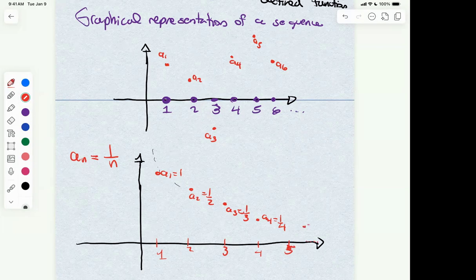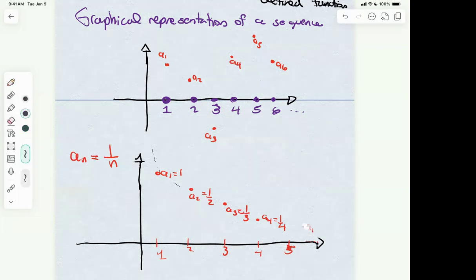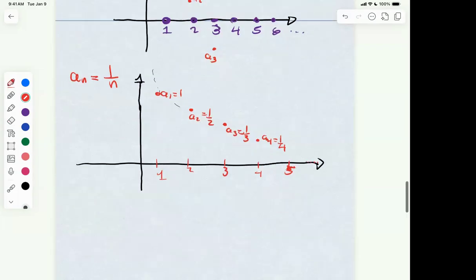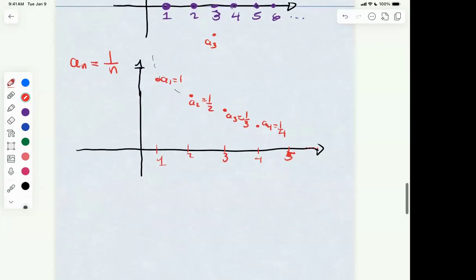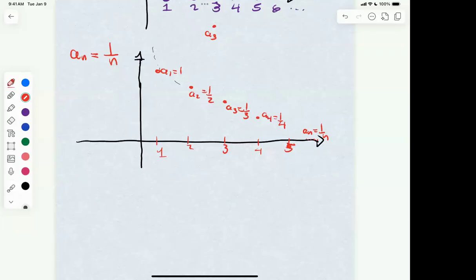And so AN would be somewhere in here. In this graphical representation, you can see the dots that represent the different elements of the sequence are getting closer and closer to zero, right? So you would like to say that as n goes to infinity, the limit of the sequence is zero, right?